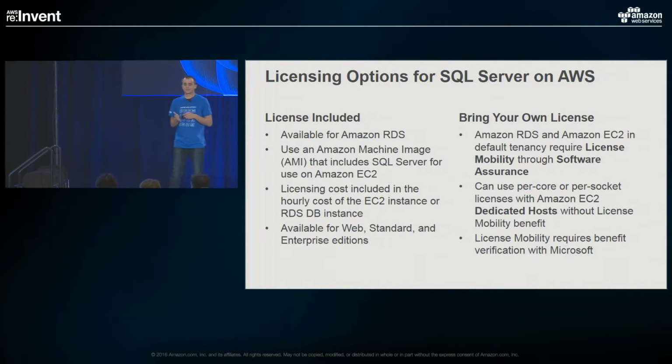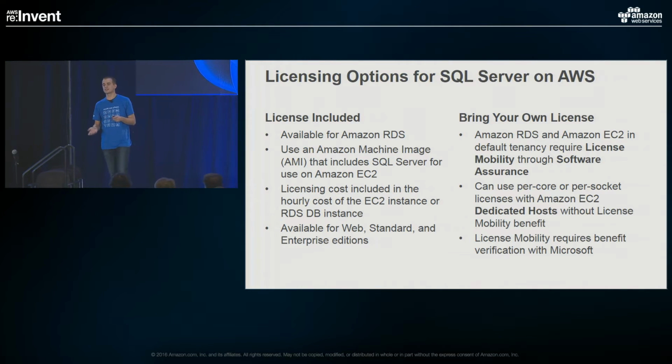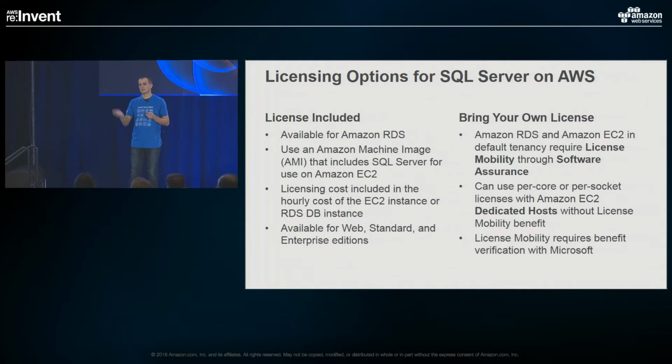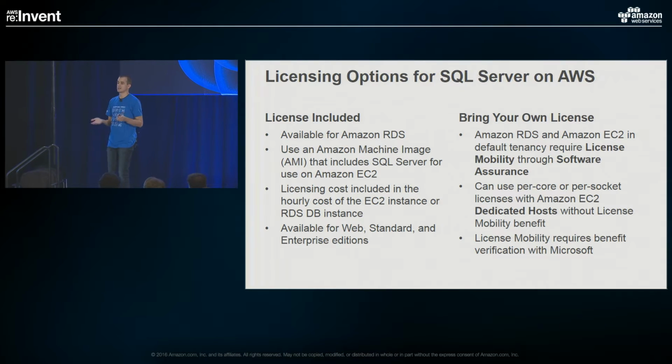So using SQL Server under a license-included model is very, very easy. If you're using RDS, you simply choose that as an option whenever you launch the cluster. In the console, it's a drop-down. It's typically the default parameter if you're launching from the command line or any other tools.